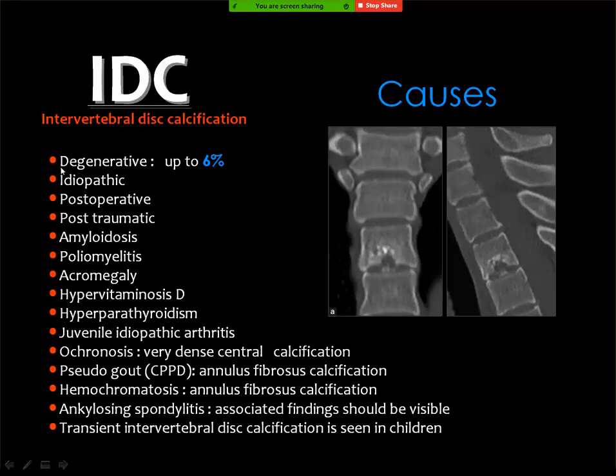The first is degenerative spondylotic changes, idiopathic, post-operative, post-traumatic, amyloidosis, poliomyelitis, acromegaly, hypervitaminosis, hyperparathyroidism, juvenile idiopathic arthritis, ochronosis, pseudogout, hemochromatosis, we have mentioned, ankylosing spondylitis, and this is known as transient intradiscal calcification in children.